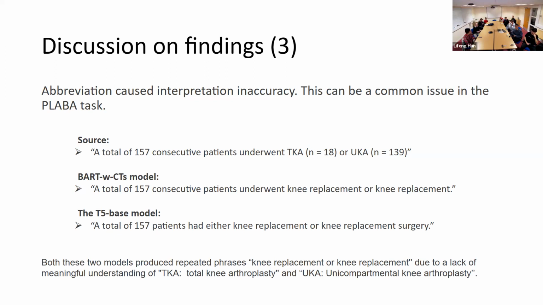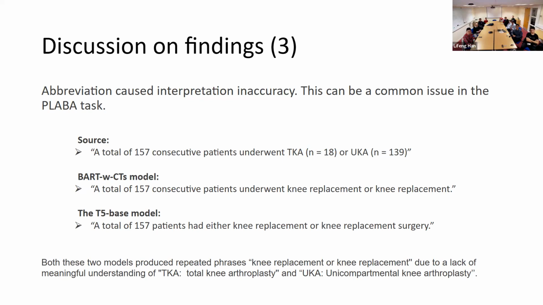Here we want to mention, from the last example, we can also see that abbreviations cause problems. We also say that's probably a main issue in this task. And here both models made some hallucination, like knee replacement or knee replacement, because both of them didn't understand the difference between TKA and UKA. TKA is total knee replacement, and UKA, I guess, is unicompartmental knee replacement.